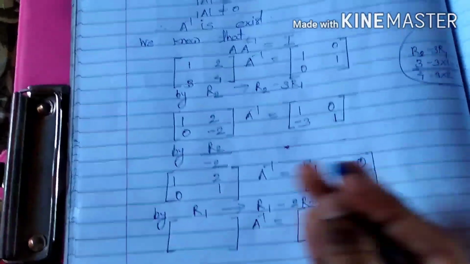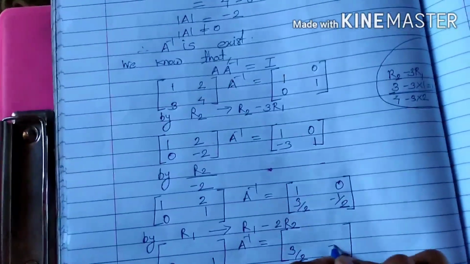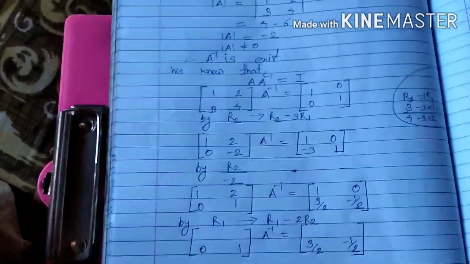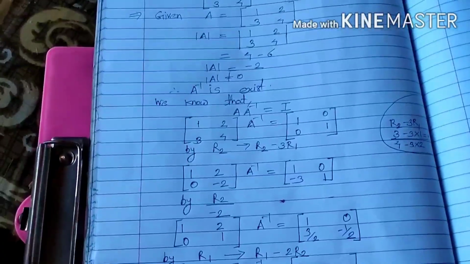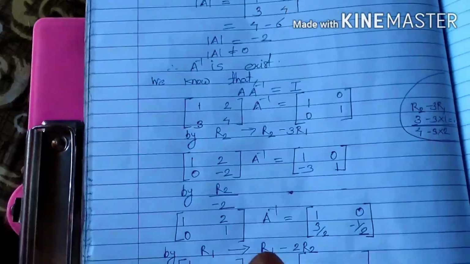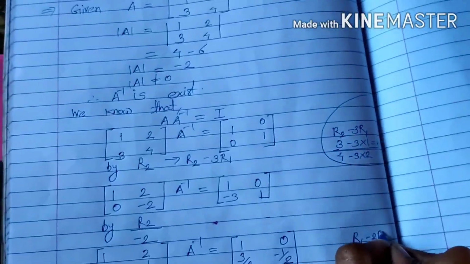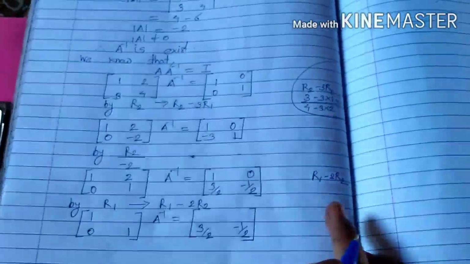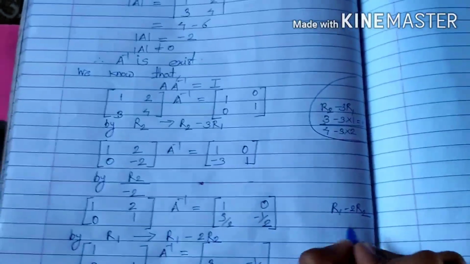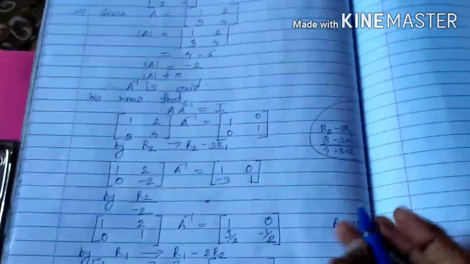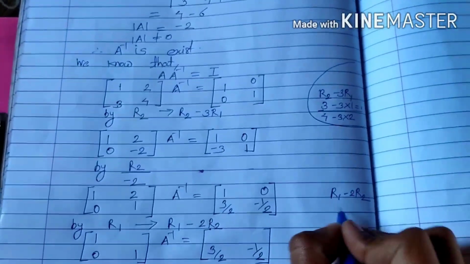R1 is changed, so write R2 as it is. And here R1 minus 2 R2. It is also rough work. It is not written here, but I will only show you how to get the answer.